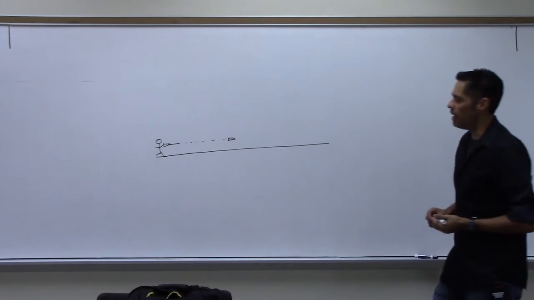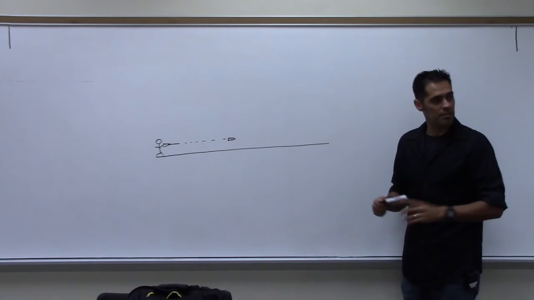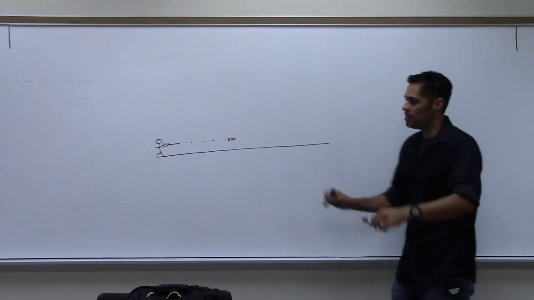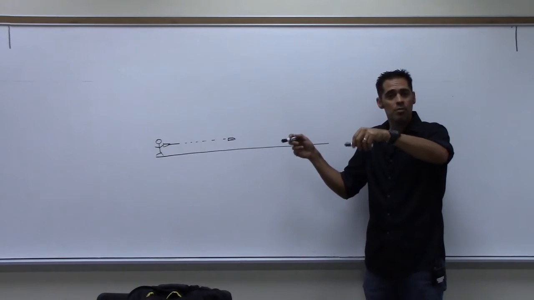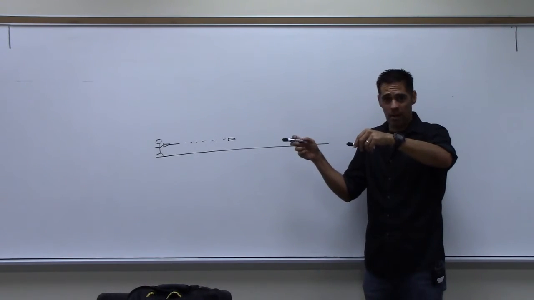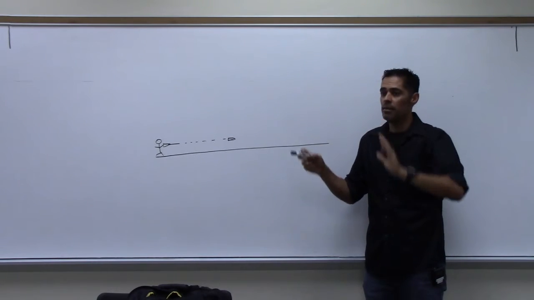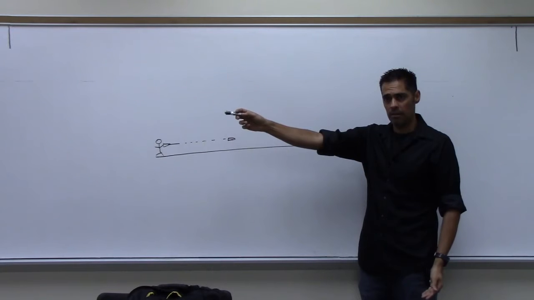If I shoot that bullet out and it hits a target downrange, that's what happens. If I were to shoot that bullet out and drop a bullet at the same time, which one hits the ground first? You already know the answer. Same time. So when you shoot a bullet and you drop one, it's already hit the ground. That's how long it took. Same amount of time for that bullet.